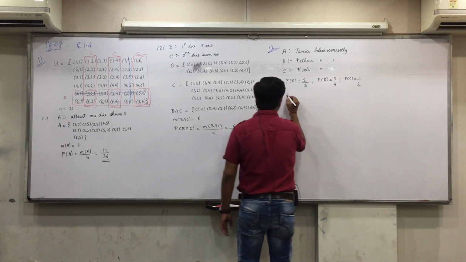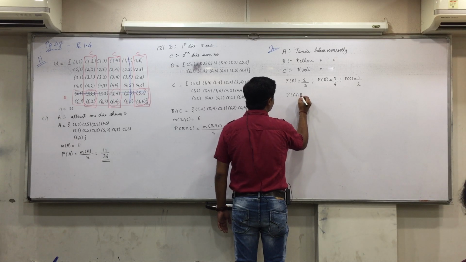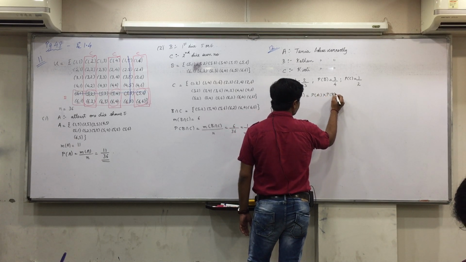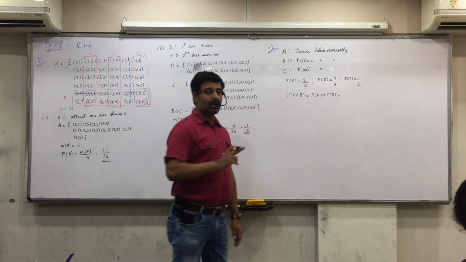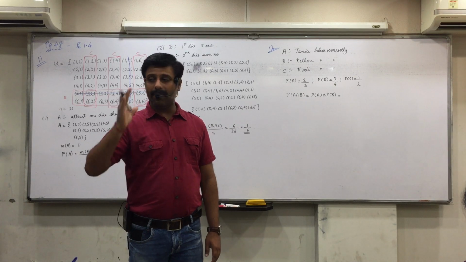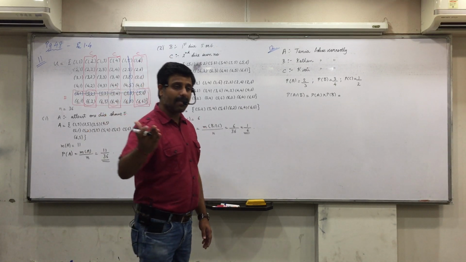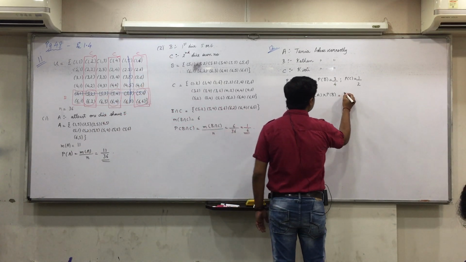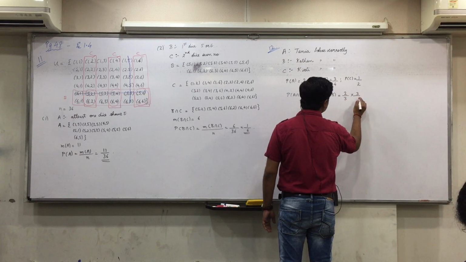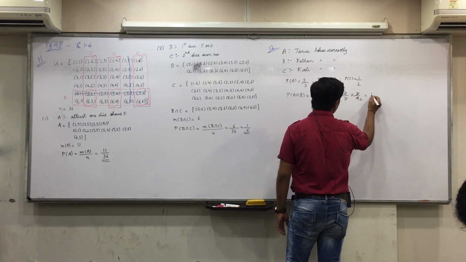So let P of A intersection B equal PA into PB. Why? Because the events are independent. Solving of the problem by one person will not depend on solving by another. So 2 by 3 into 3 by 4. 3 gets cancelled and 2 into 2 is 4, so 1 by 2.